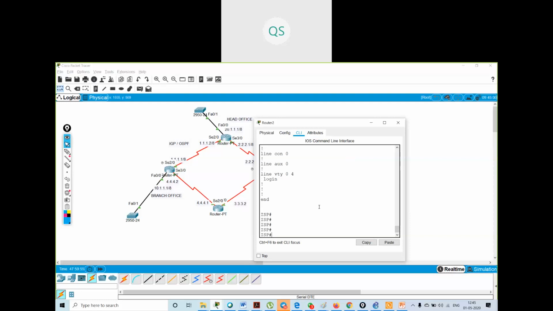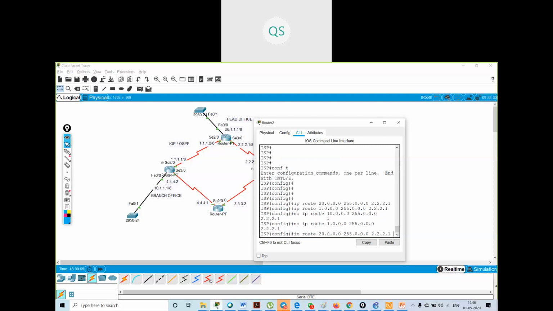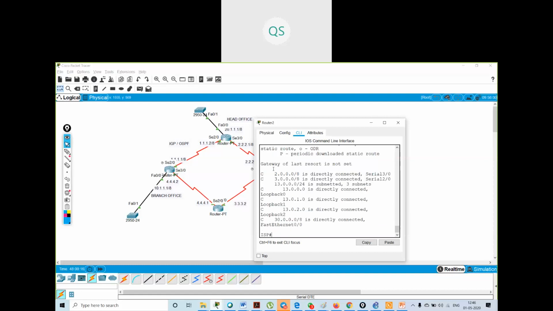Copy, paste: no ip route for the 10 dot, 1 dot and 20 dot networks. Show ip route. Now I only have directly connected routes: the 2 dot, 3 dot, 13 dot, which is my loopback, and 30 dot.